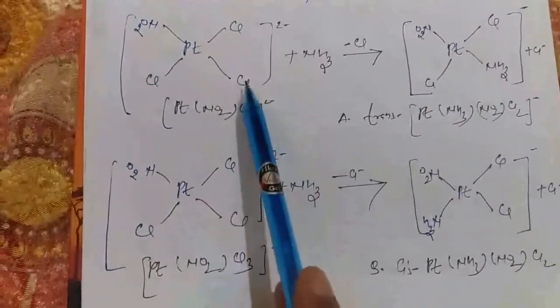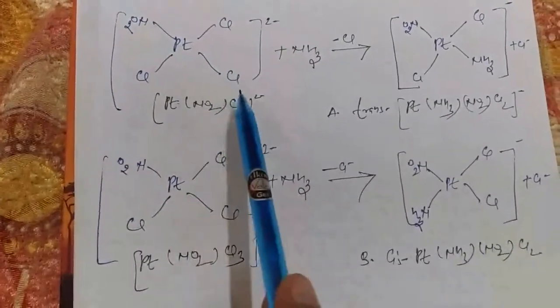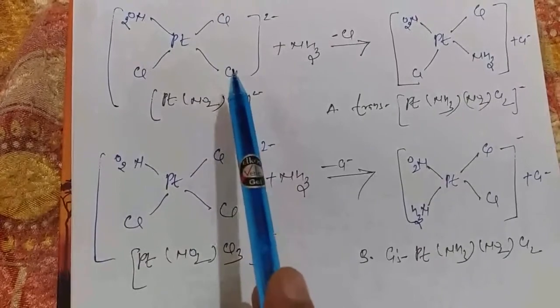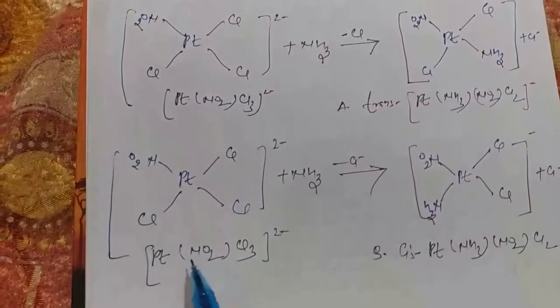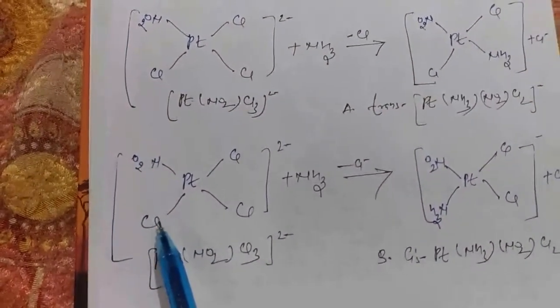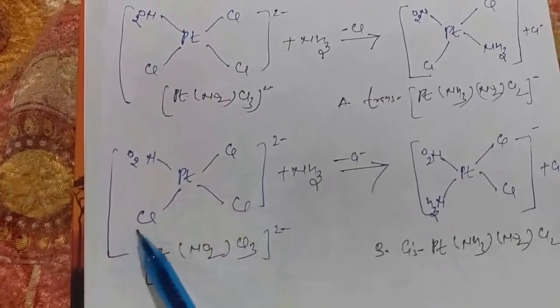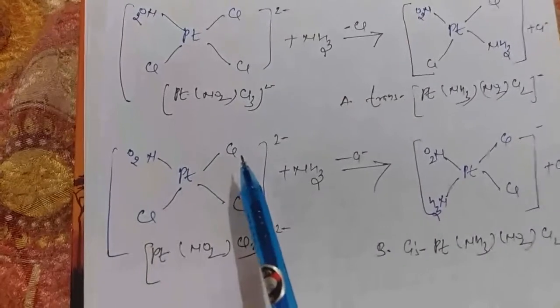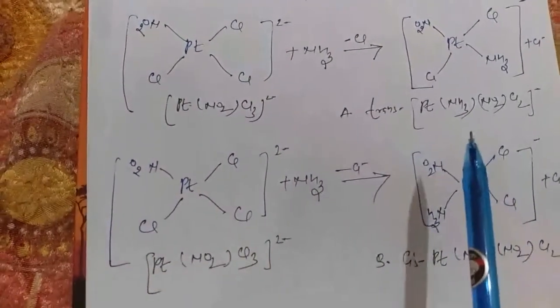This is more stable compared to replacing this chloride ion which is trans to this chlorine. So in this case we'll get the cis product, and in this case we'll get the trans product.